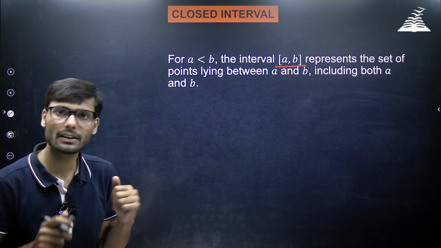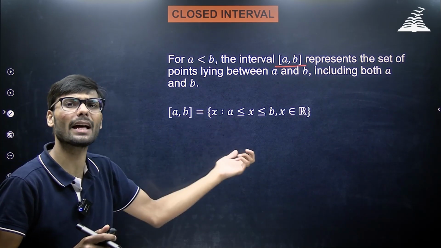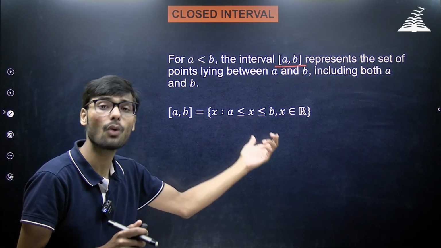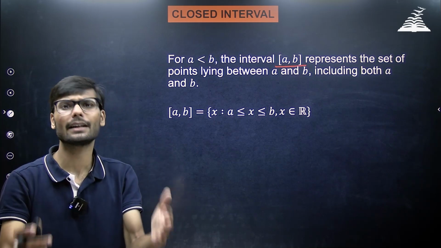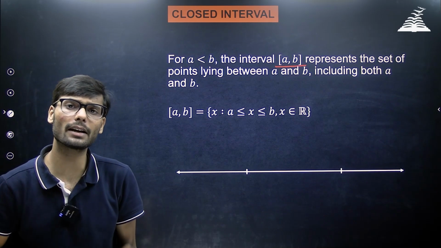So if we want to write it in set builder form, what can we write? We will have to write x such that A is less than or equal to x and x is less than or equal to B. x can be equal to A, x can be equal to B, and it could be any number in between also.